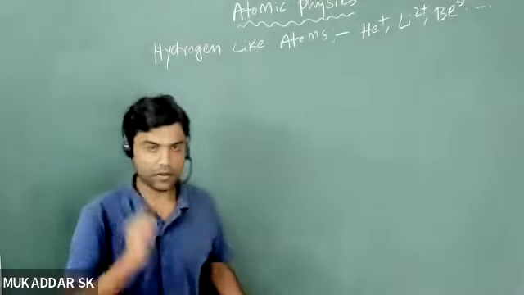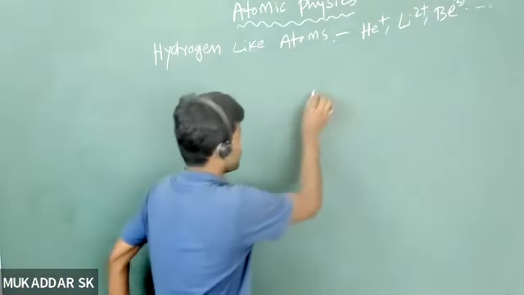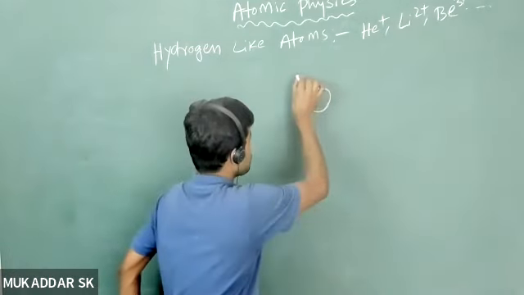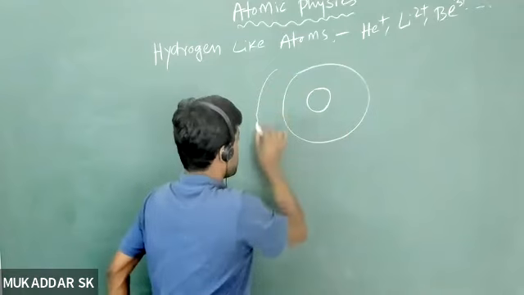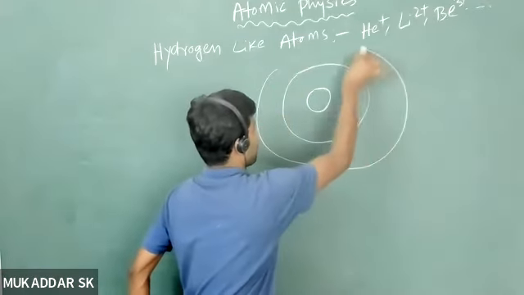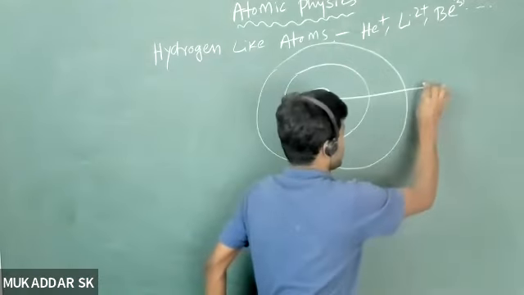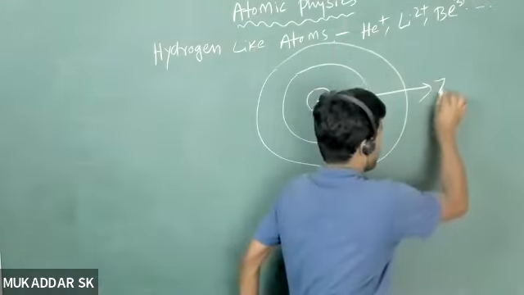So what is basically happening for this system? Suppose this is your nucleus, and this is your electronic orbit. In the nucleus, the charge depends on the atomic number.